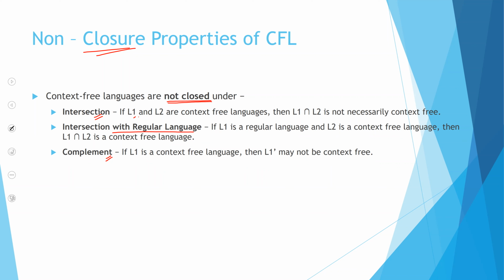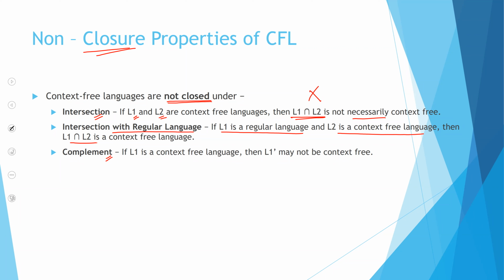Intersection, if L1, L2 are context-free, L1 intersection L2 need not be context-free. It could be or could not be. It is not necessarily context-free. Now, if L1 is a regular language and L2 is a context-free language, L1 intersection L2 is a context-free language.